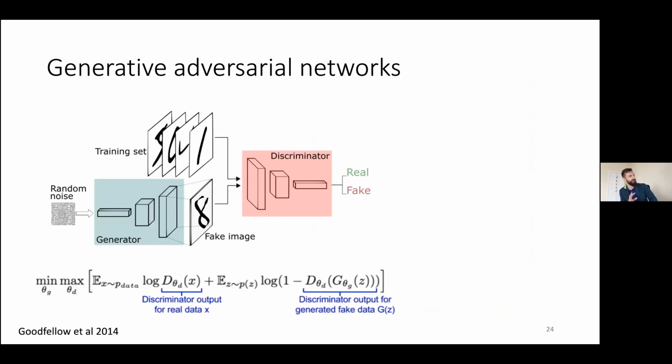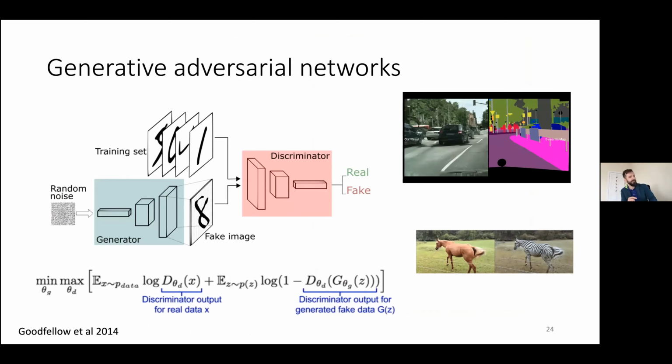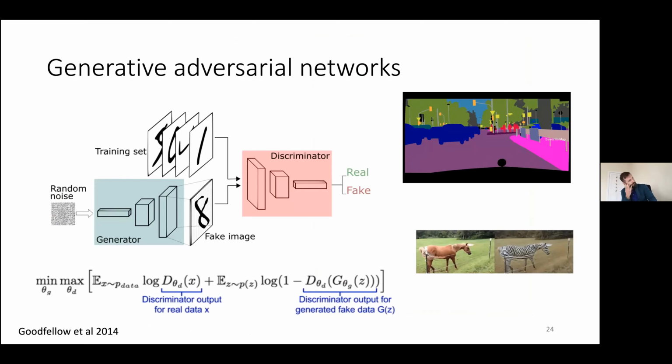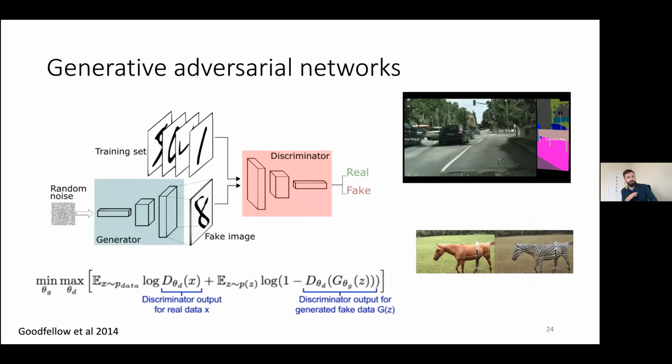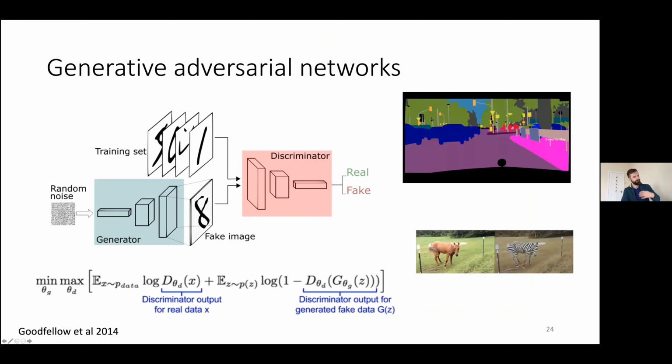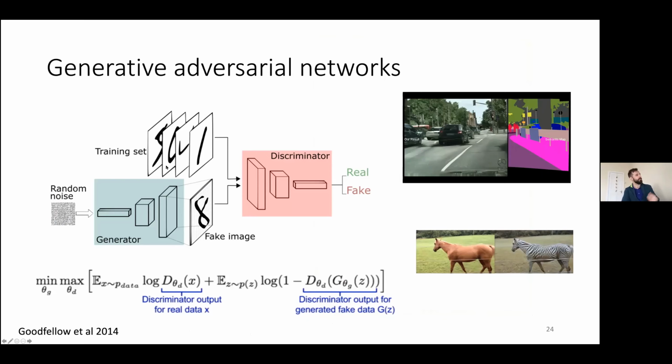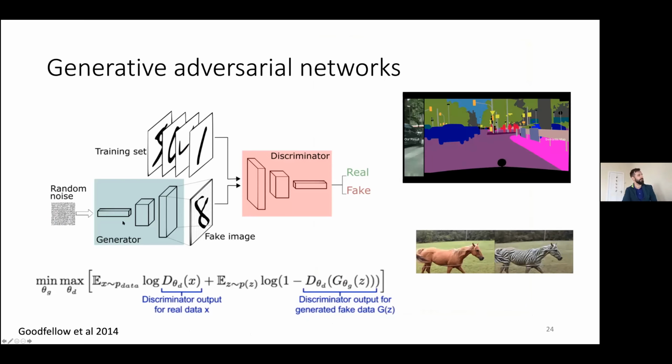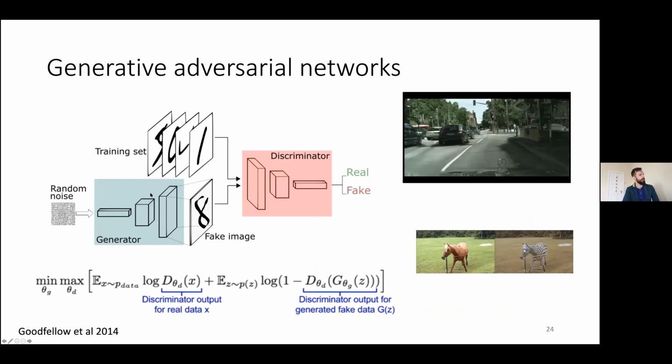We will not go into the detail of what we actually did here, but basically we applied the approach of generative adversarial networks, which can learn to generate very complex distributions by playing a game between the generator and the discriminator.